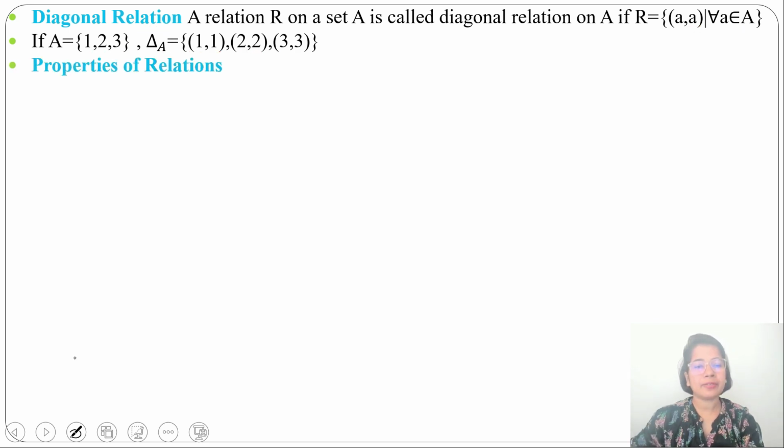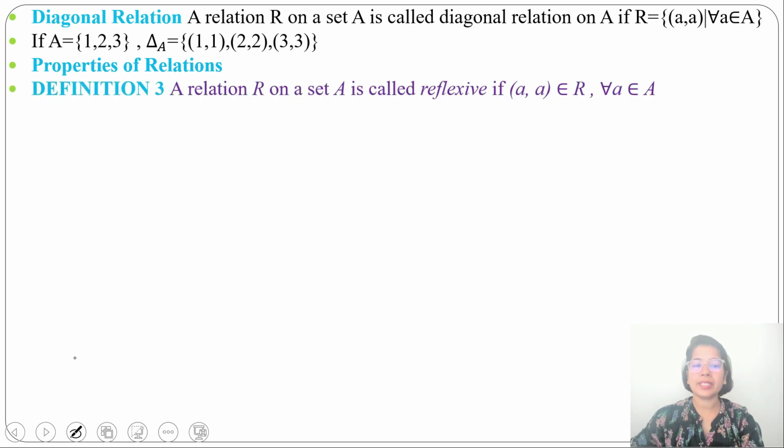Now properties of relation. The first property is reflexive relation. So definition 3 is about reflexive. A relation R on a set A is called reflexive if (a, a) belongs to R for all a belongs to A. This A is for the set A, this a is for an element a, or you can say members of that set A. So a relation will be reflexive if it contains a relation to itself.